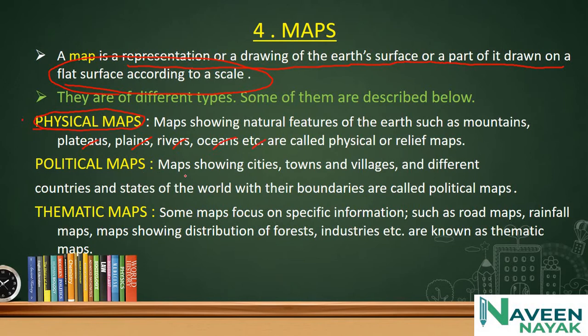And political maps: the maps showing cities, towns and villages and different countries and states of the world with their boundaries are called political maps. And thematic maps are maps that focus on specific information such as roads, railways, maps showing distribution of forest, industries. These are the different types of maps.